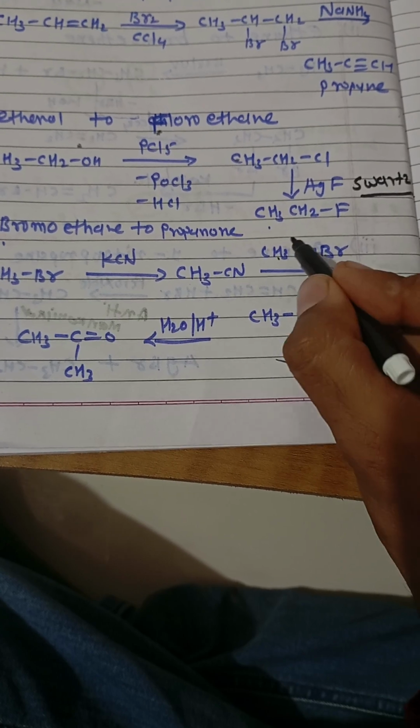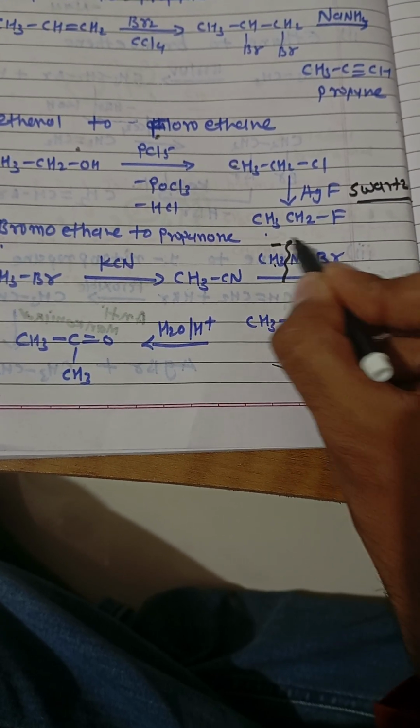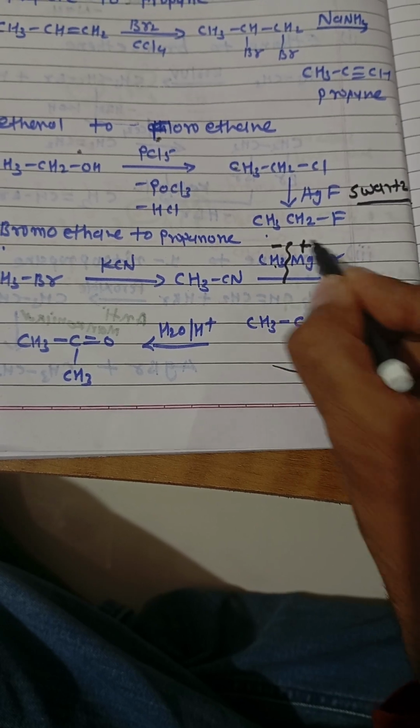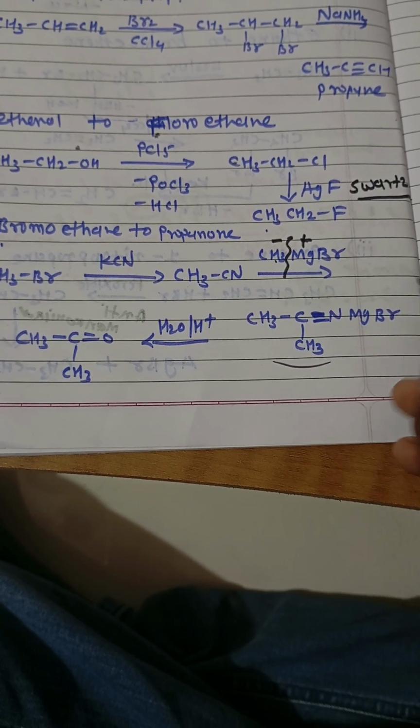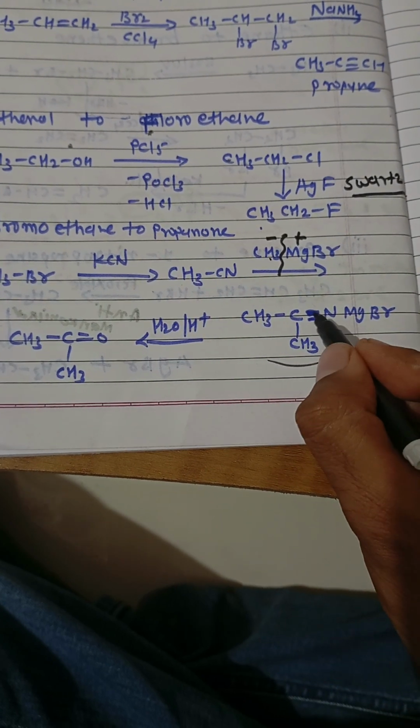You know that CH3 has a negative charge and MgBr possesses a positive charge. This whole thing is attached to the triple bond at C≡N.